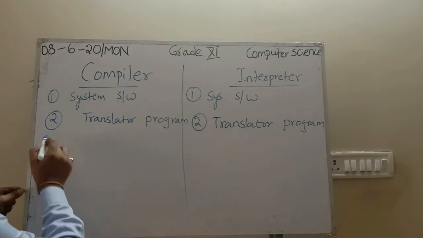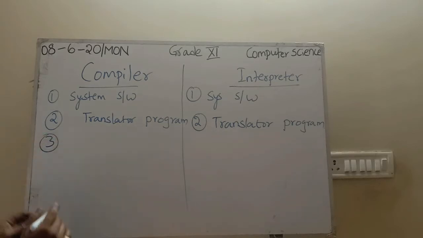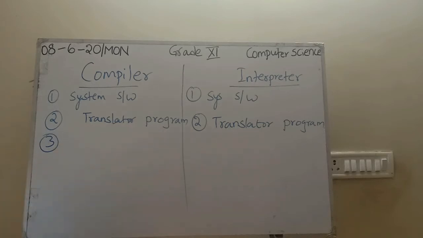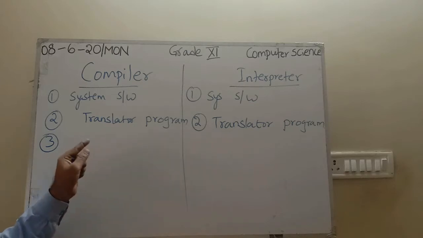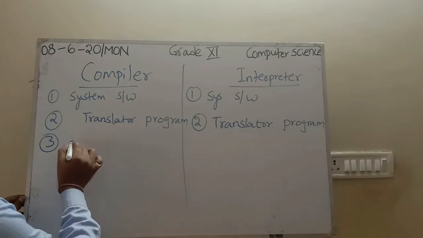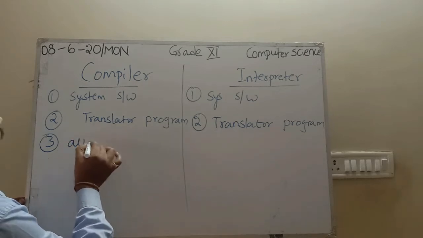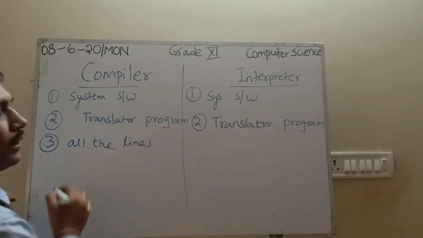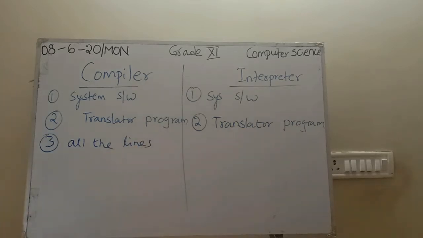In this translation, the compiler takes all the lines, the source code lines, and executes them at a time.